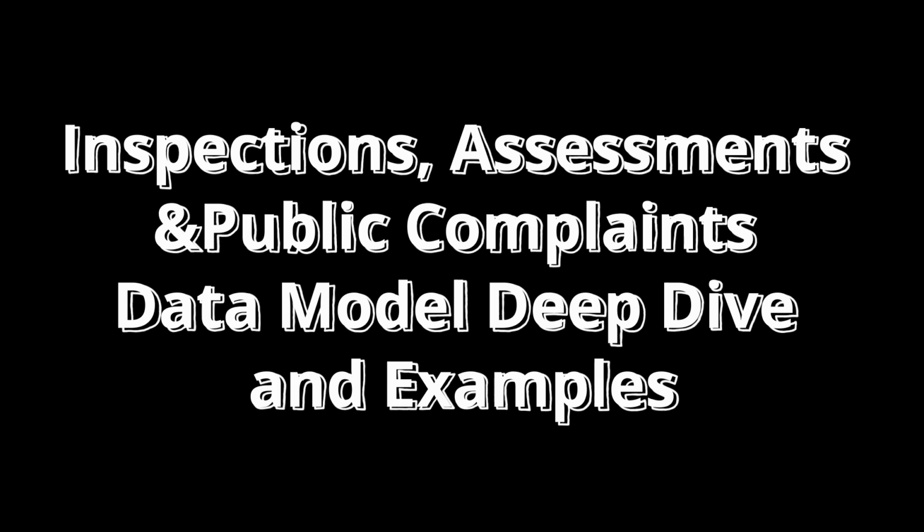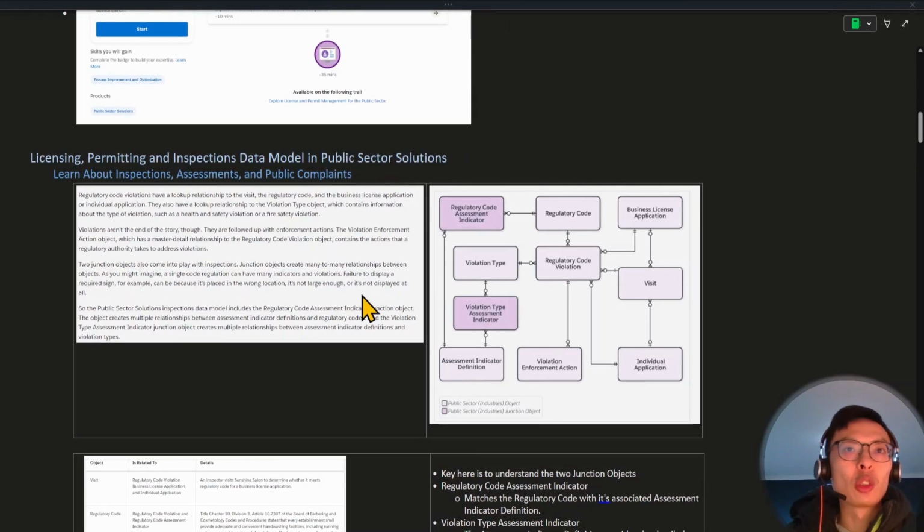Alright, let's now take a look into the data model associated with inspections, assessments, and public complaints. We'll start with regulatory code violations. We can see this relationship between regulatory code violation with many different objects. So for example, a visit to the site can have many regulatory code violations.